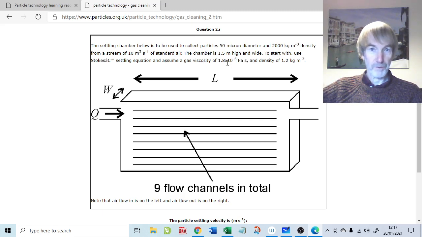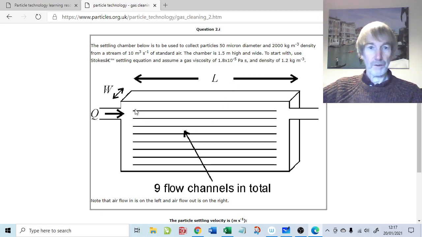The gas viscosity is 1.8 times 10 to the minus 5 pascal seconds. The density of the fluid is 1.2 kilograms per meter cubed. The density of the solids is 2,000 kilograms per meter cubed. We are given the particle size of interest: it's 50 microns. The intention is to remove all particles 50 microns in size.